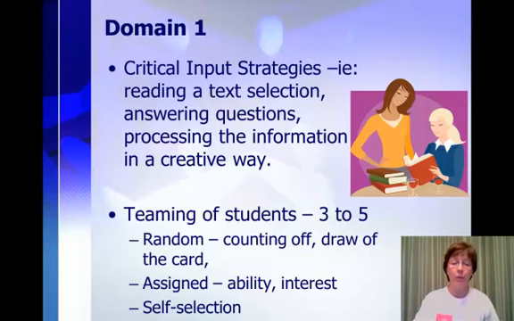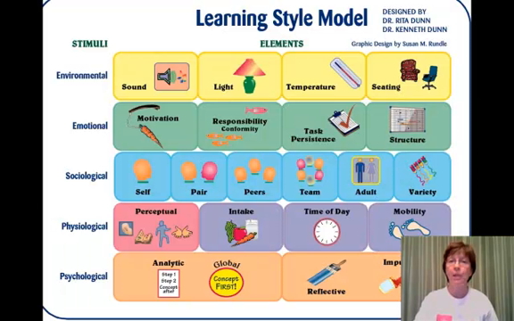So those are the 3 different ways that you can assign them into a team. Remember, this is the learning styles model. In the center you have the sociological strand, and we are going to be combining working with peers and working in a team together.